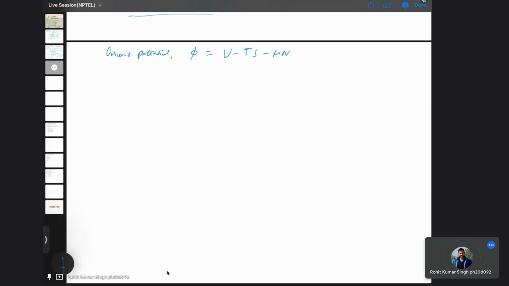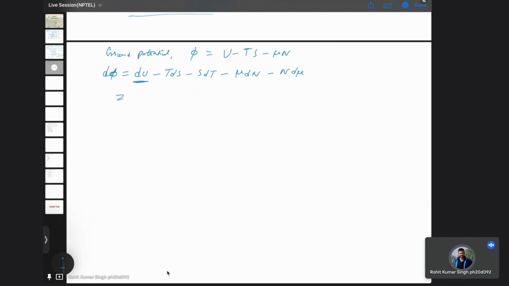Then if you take a small change in this function, you have small changes in all the other quantities on the right hand side, mu dN minus N d mu, and then you can put back the first law of thermodynamics.